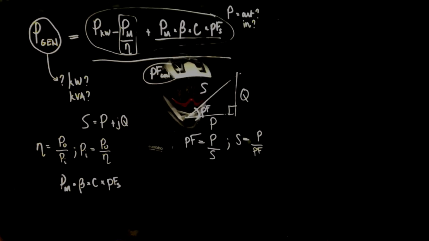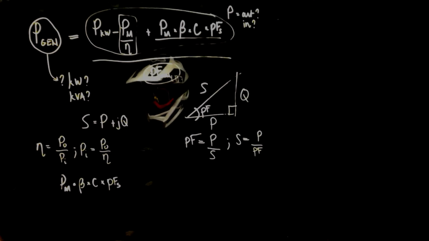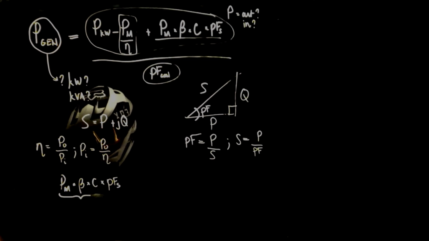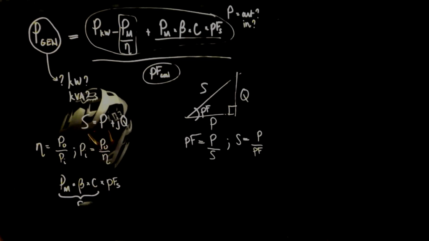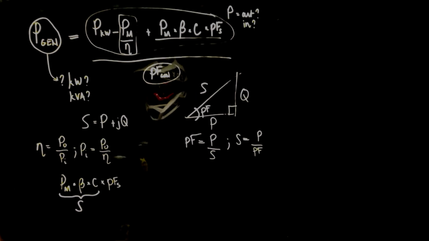If you can see, if this whole thing is P input, then this part right here is your S, right? Your S, which is in kVA. But what is this S? Because you have here your kilowatt for motor, and you have beta and you have C.